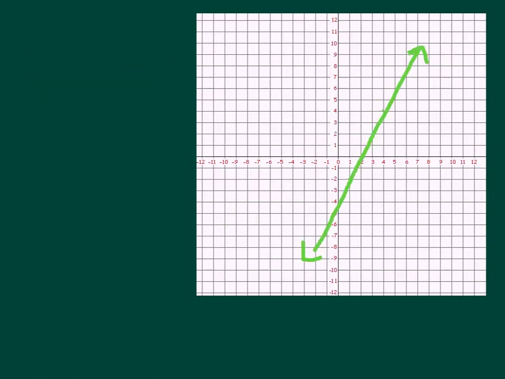All right, let's look at another one. Here's another line. Again, I'm looking for my slope, my x-intercept, and my y-intercept. Remember, this is x and this is y. I want to know where my green line crosses my x-axis, and it crosses right here at 2.